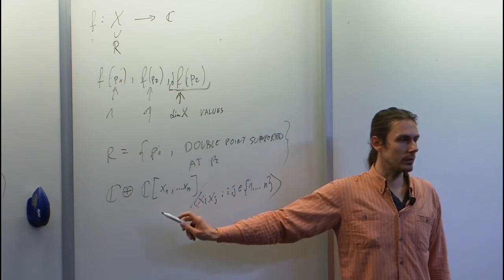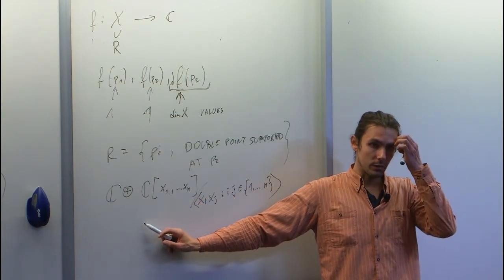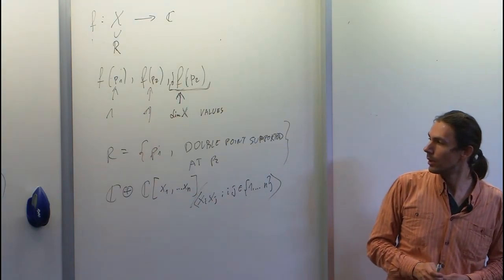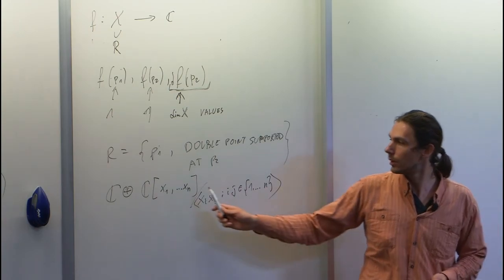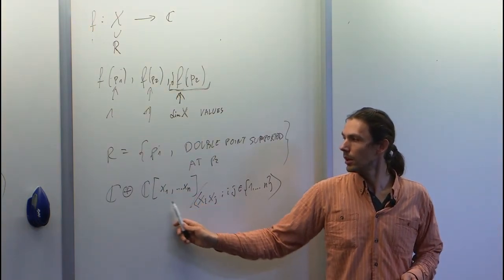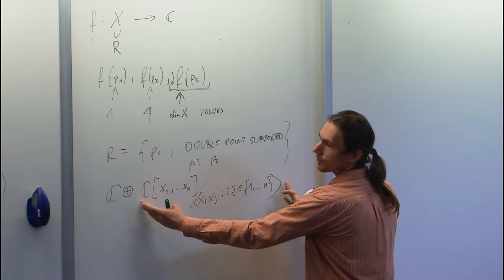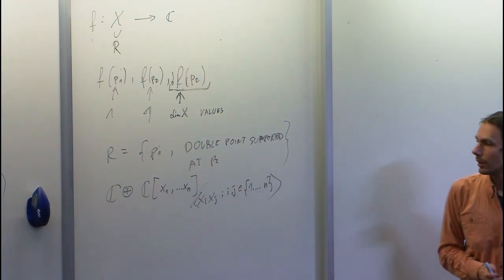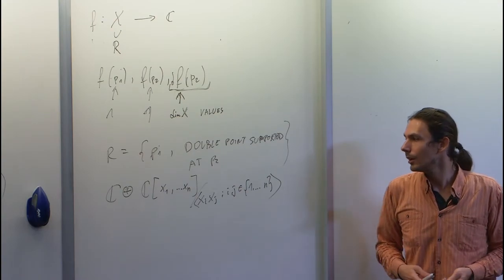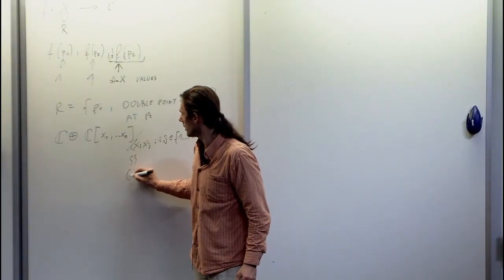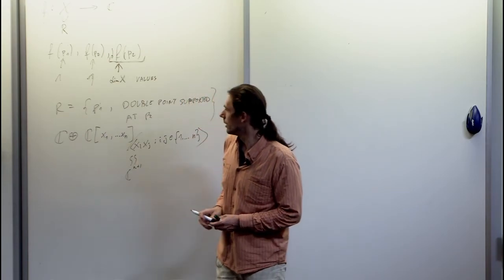I'm not interested in higher derivatives, that's why I'm killing square expressions. I'm only interested in linear derivatives, which is why I'm preserving the first grading of this polynomial algebra. And this, as you can see, is a finite algebra, which as a vector space has dimension n plus 1.